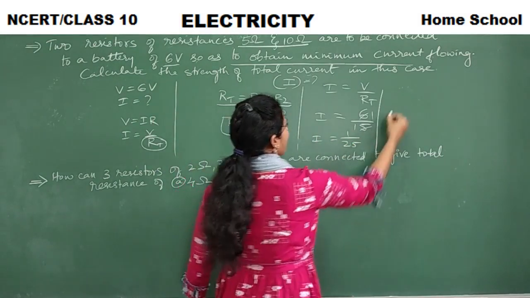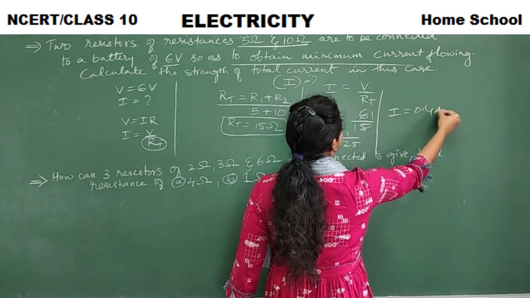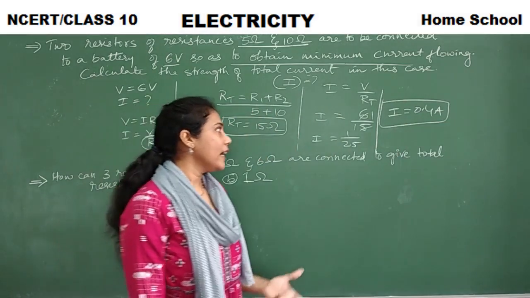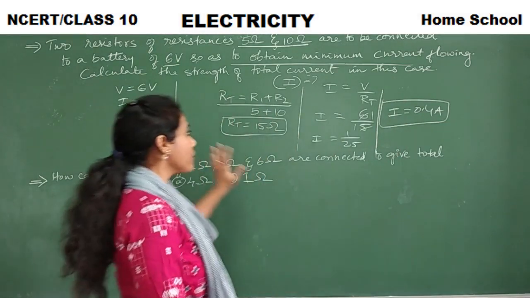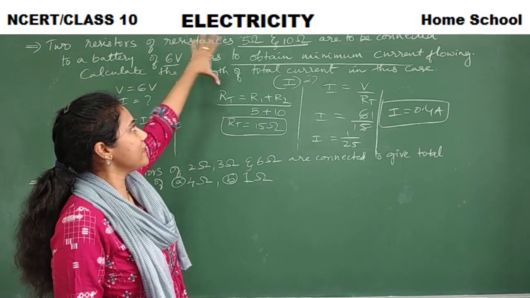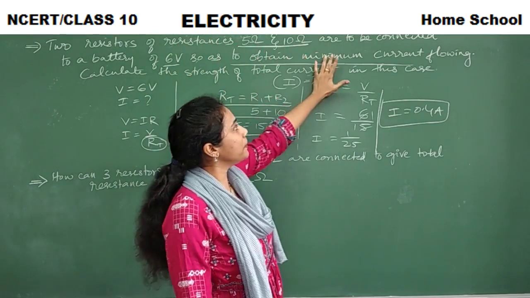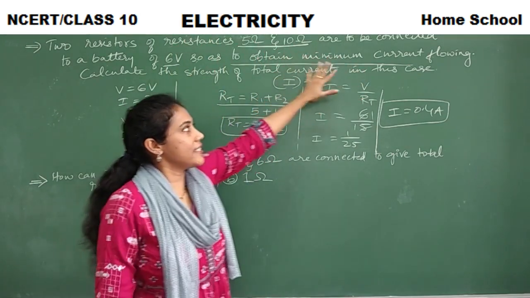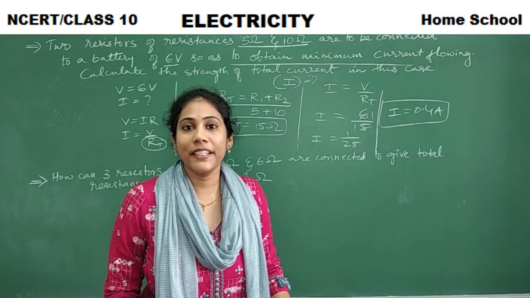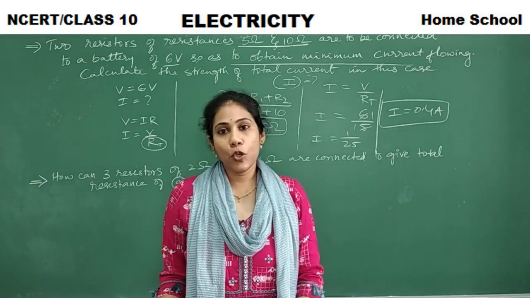That means your I value is equal to 0.4 amperes. 1 by 2.5 is 0.4 amperes. Okay, so this is how you have to calculate. Sometimes they won't mention whether the resistors are connected in series or parallel, but some clue definitely would be there, either with respect to the resistance or current. So you should be perfect with the concept, in which case resistance is higher, in which case resistance is lower, right?